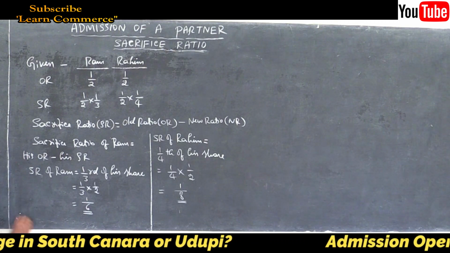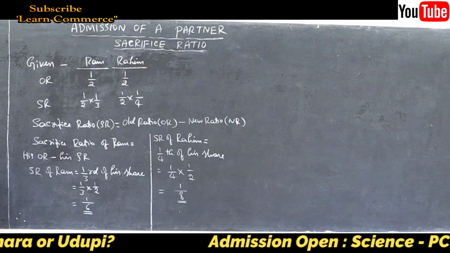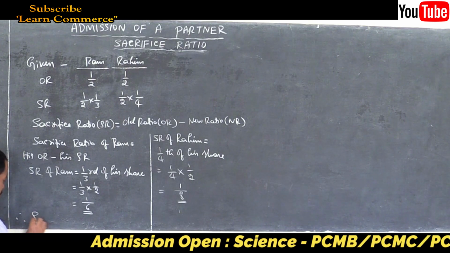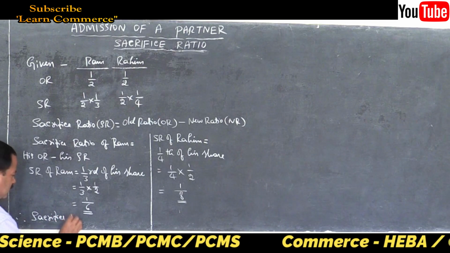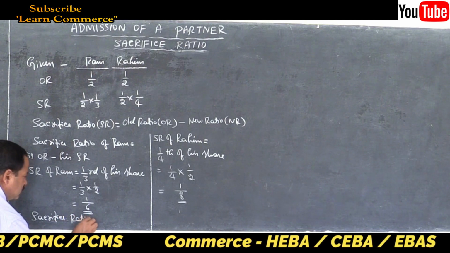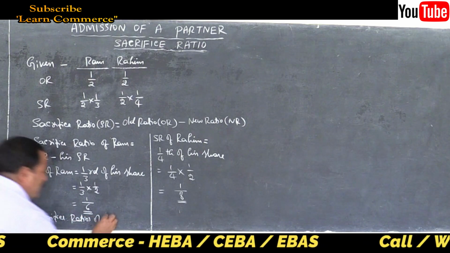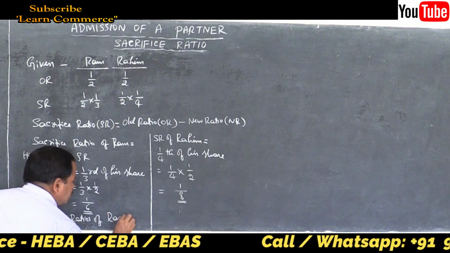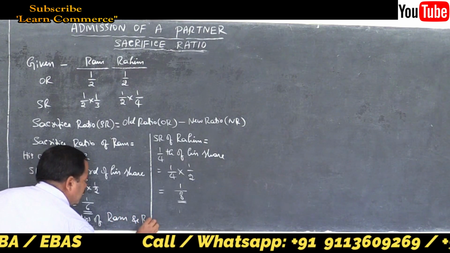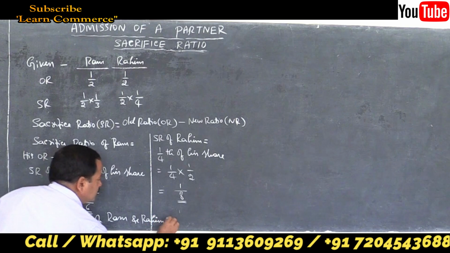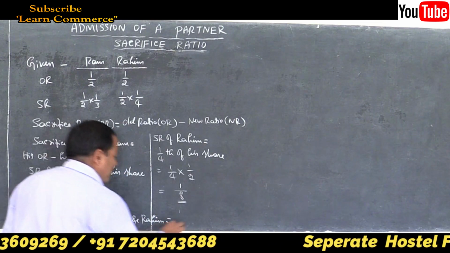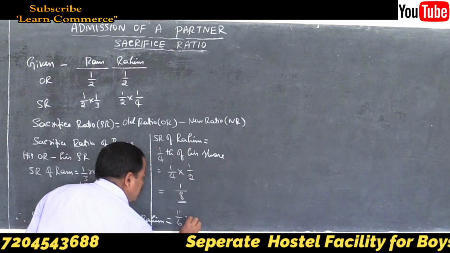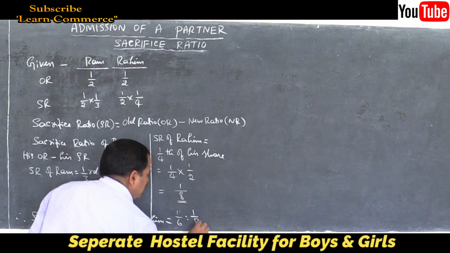Therefore, sacrifice ratios of Ram and Rahim is equal to 1/6 is to 1/8.